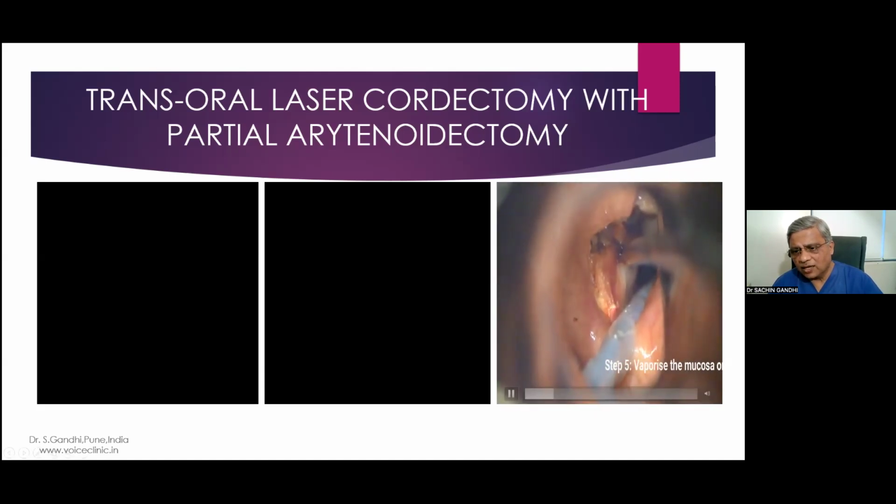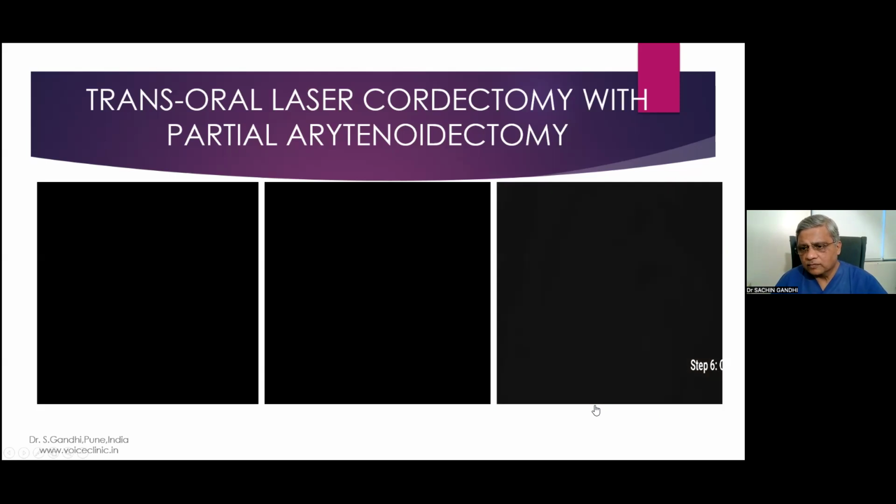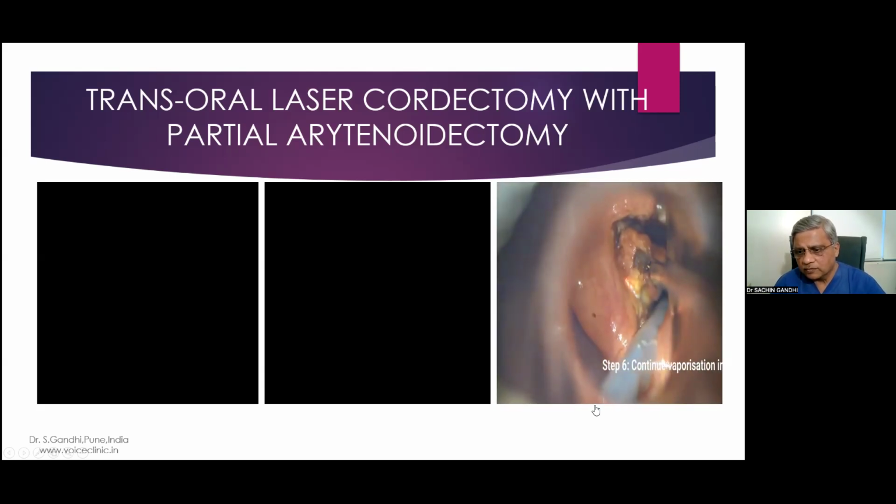Now the anesthesia with high frequency jet ventilation. A small cannula going posteriorly, giving adequate exposure of the posterior commissure. Continue vaporization in the deeper planes.